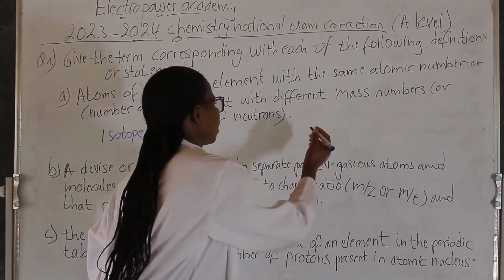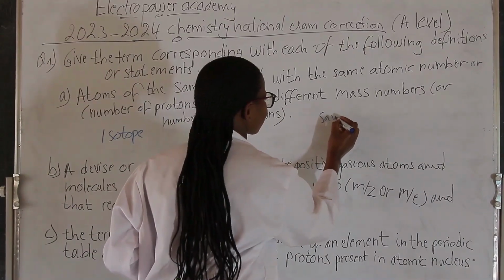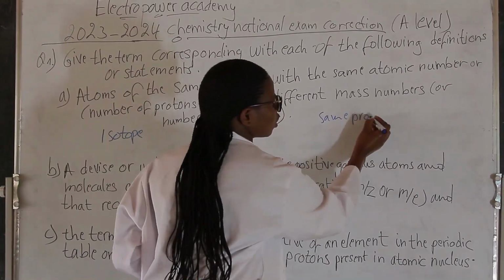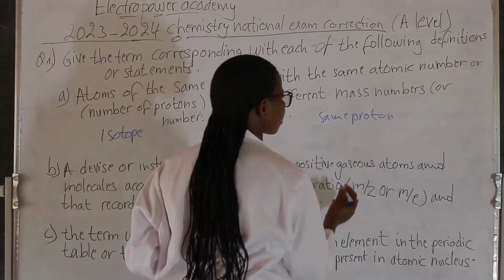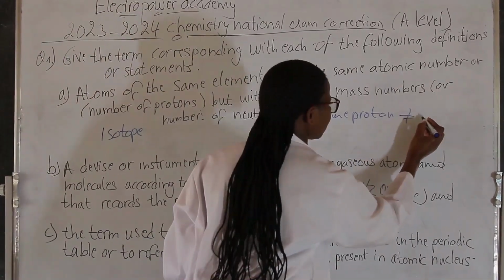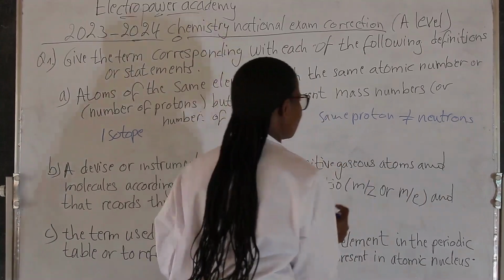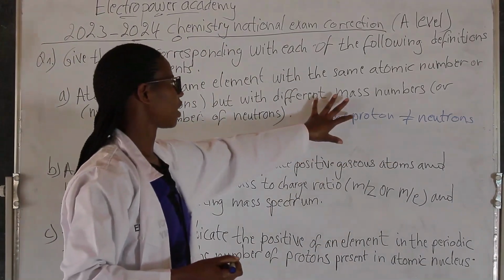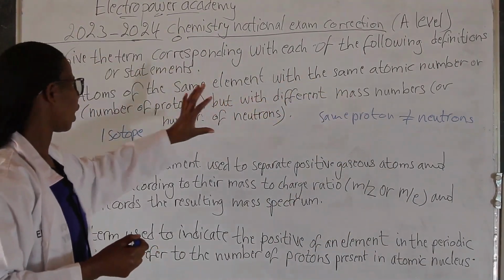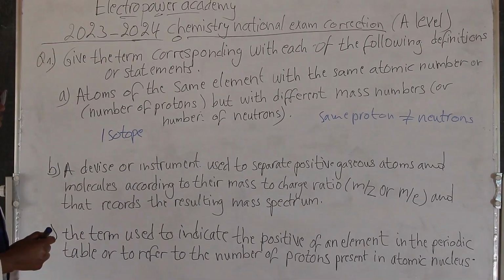If there is the same proton but different neutron, this results in different mass number. Those atoms are called isotopes.